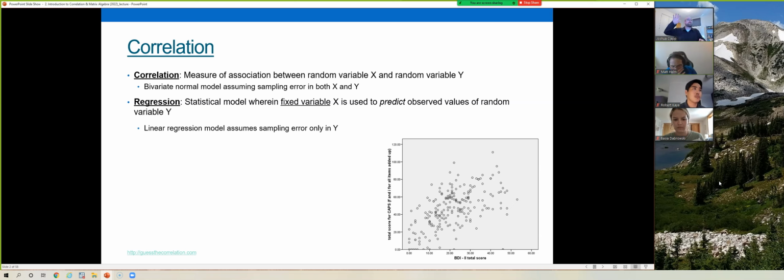And we're looking at the ability of that to then predict random values of variable y. So this is different in the assumptions than a correlation where we have a random variable x and a random variable y. Here we have a fixed variable x predicting a random variable y, and as a consequence, our linear regression model assumes that we only have sampling error in our outcome.